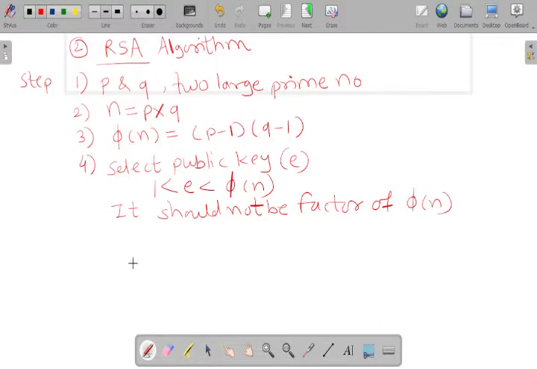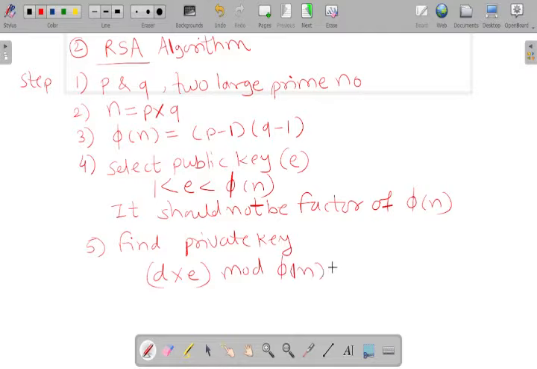Now the next step is we have to find the value of our private key. So value of private key is D into E mod phi of n is equal to 1.